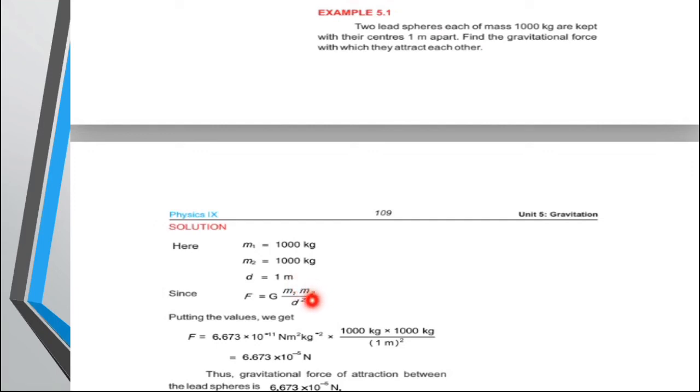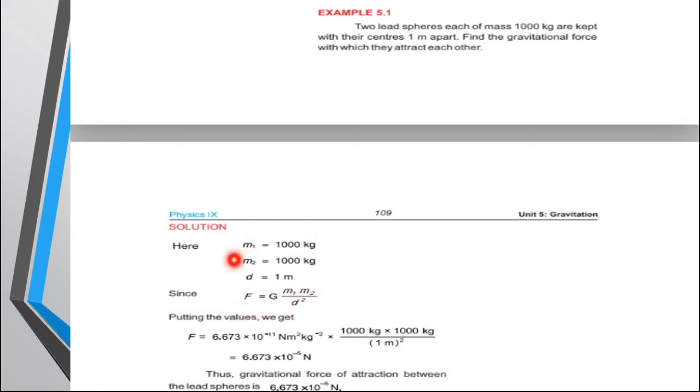As we know from Newton's law of universal gravitation, F is equal to G m1 m2 divided by d square, where G is the universal constant, m1 is the mass of the first body, m2 is the mass of the second body, d is the distance between the centers, and F is the force of gravitation, or gravitational force.